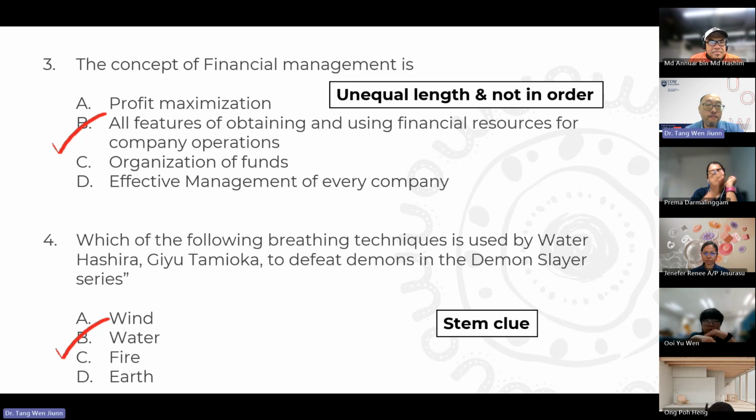The concept of financial management is, take a guess. If you need to tikam, just tikam.